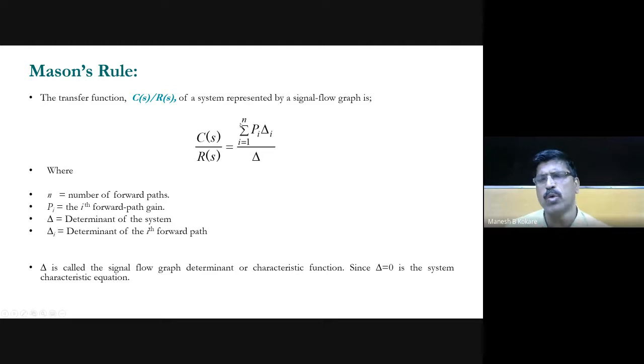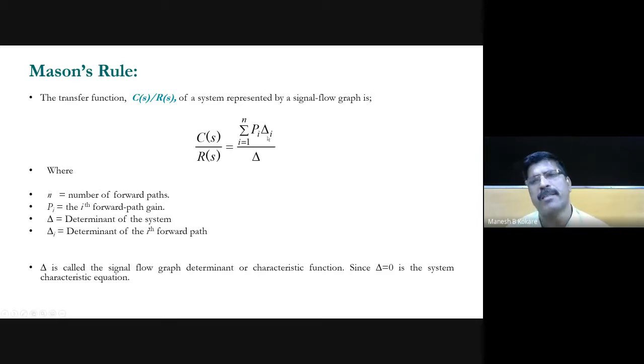If there are only 2 paths, then it will be i equal to 1 to 2. If it is 1, then it will be i equal to 1 to 1. Right. And then this one will be the P. Suppose, for example, if forward paths are 3, then the summation over i equal to 1 to n, that is 3, of P_i delta_i, what will this equation be? If you expand it, it will be P1 into delta 1 plus P2 into delta 2 plus P3 into delta 3.